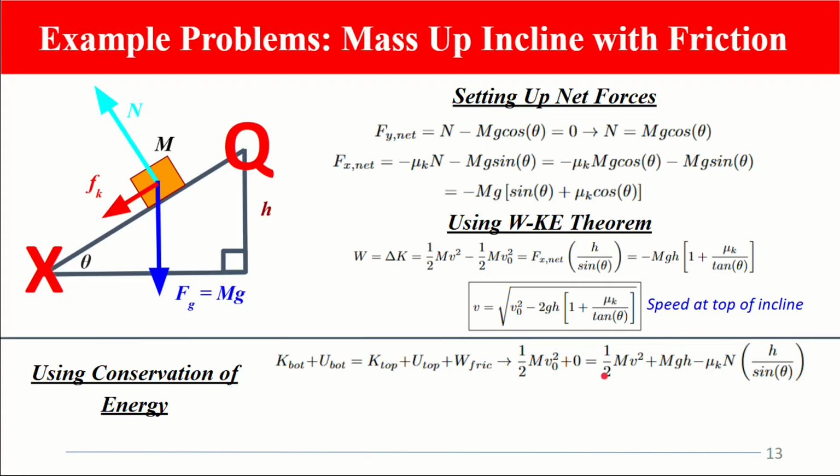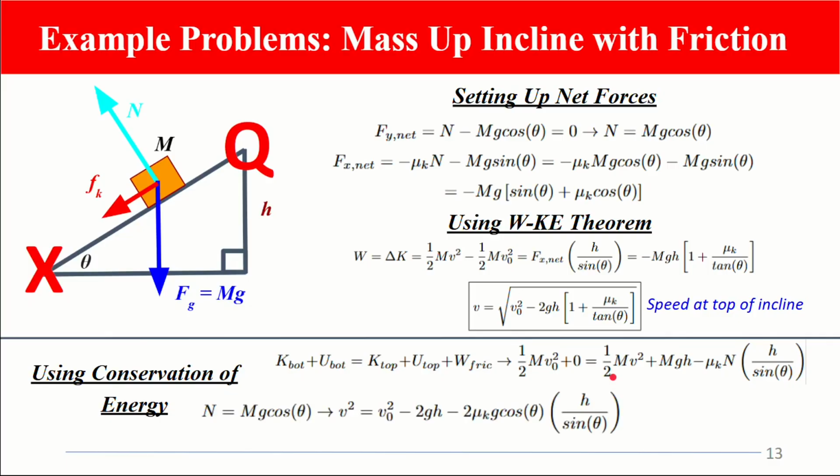We set that equal to 1/2 m v squared, which is our final kinetic energy, and then plus mgh, because that's our potential energy once we reach point Q. And then we also have this term here, where we have mu k n times our h over sine of theta. This here is going to be the work due to friction. You've got your friction force, mu k n, and then you have your distance as well.